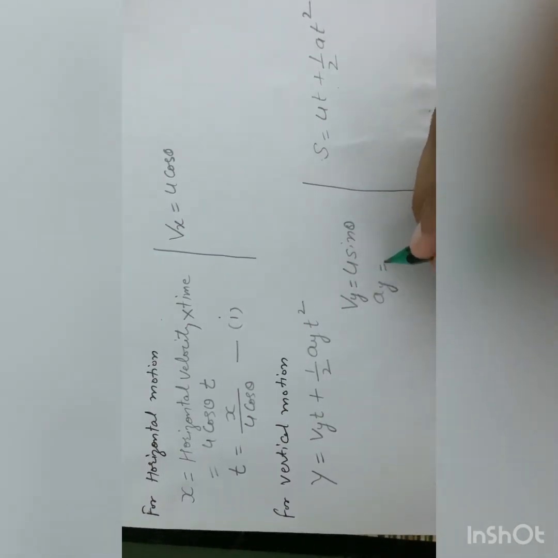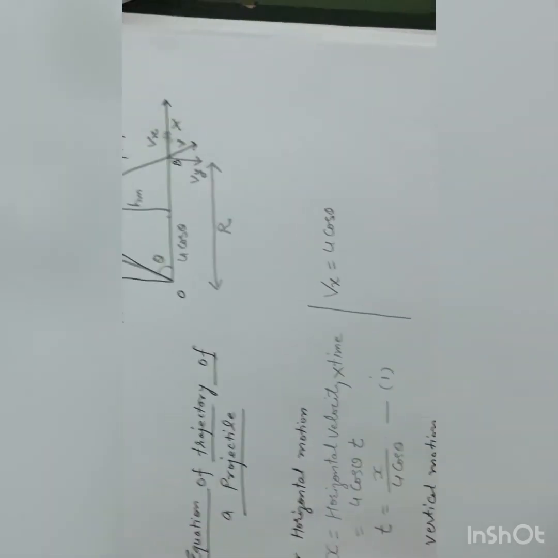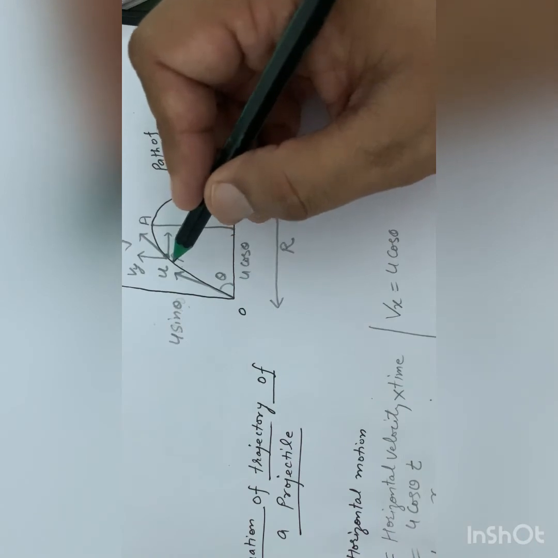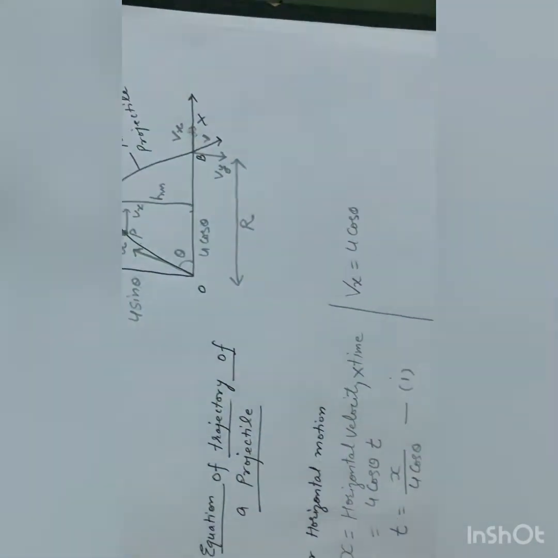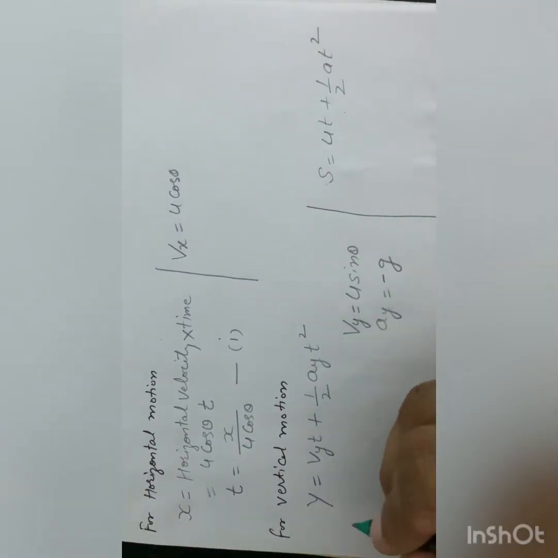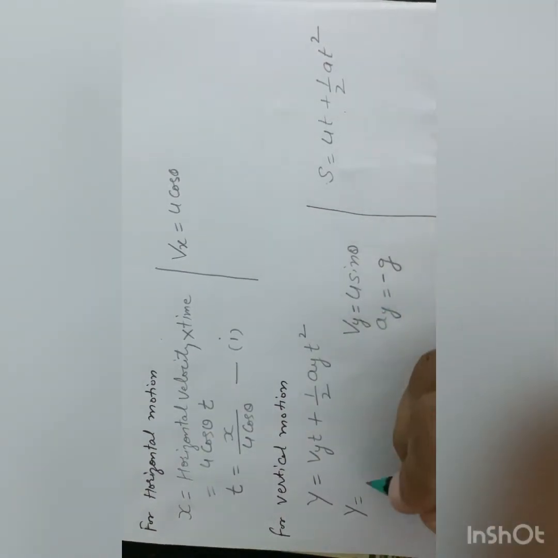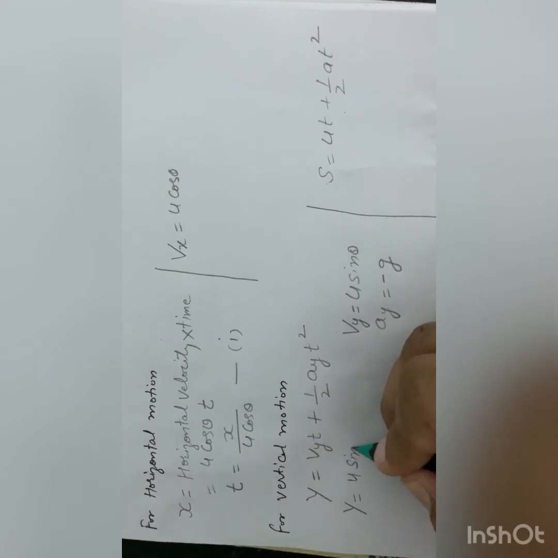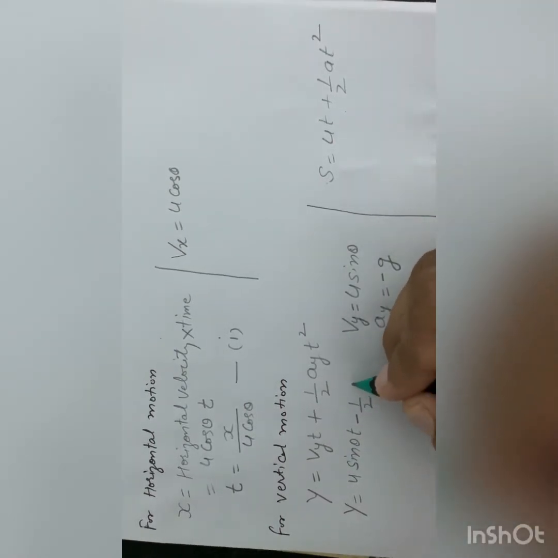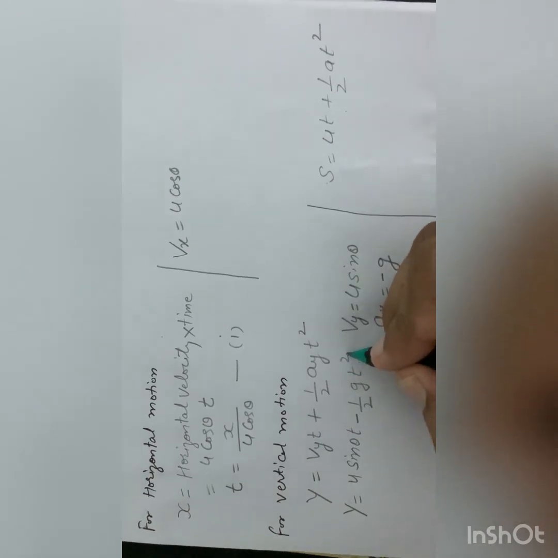Ay is minus g, as the body is moving in the up direction, so we take gravity as minus g. So we put the values: y equals u sin θ t minus 1/2 g t square.